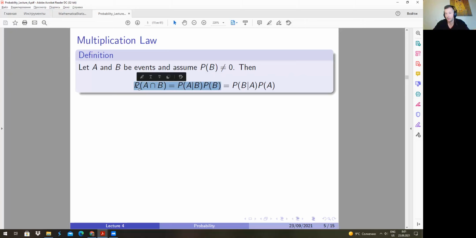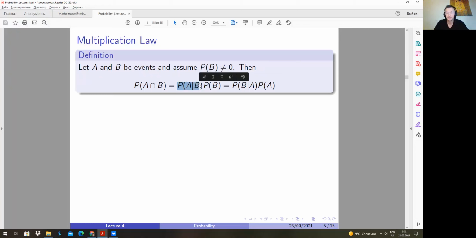If you remember from the previous lecture, the multiplication principle, how to calculate the probability that two events occurred together. We have this, look, so first of all, the probability of B. We need to know the probability that B has occurred. And then, if B has occurred, I need to calculate the probability that A occurred.